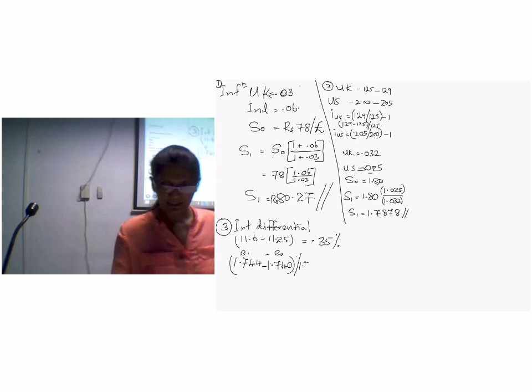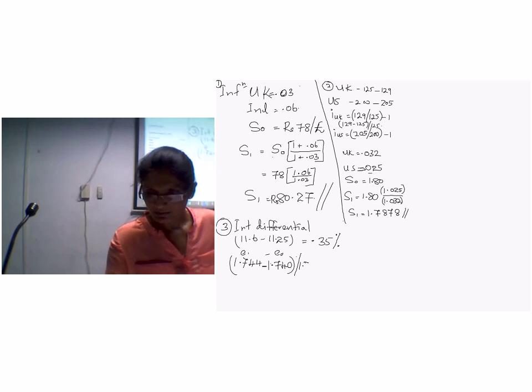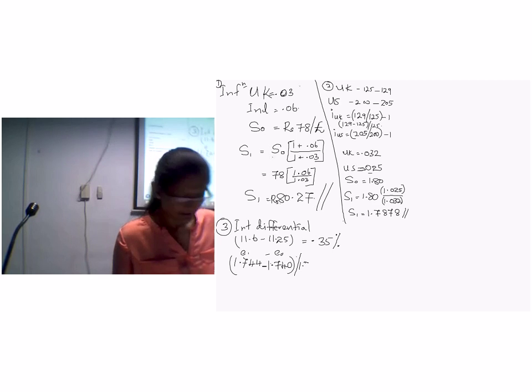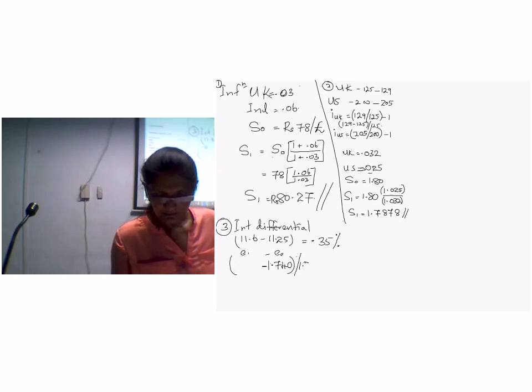So these figures are wrong. These are 0.174, not 1 point. So 0.1744 minus 0.1740, divided by the spot rate 0.174.